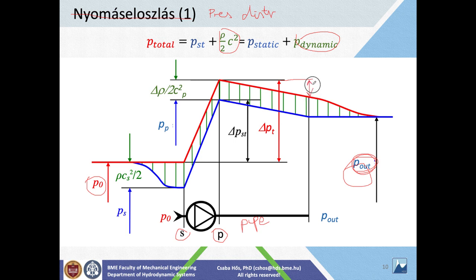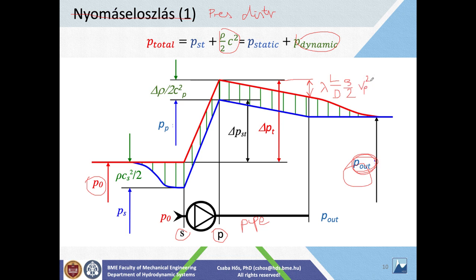Now, a few weeks ago we dealt with how to compute the pressure loss in pipelines. So this pressure loss here is exactly, if it's just a straight pipe, lambda L over D rho over 2 V_p, pressure side velocity, squared.